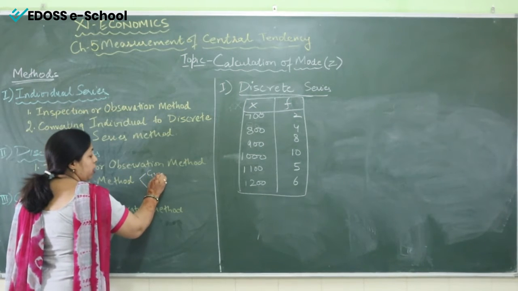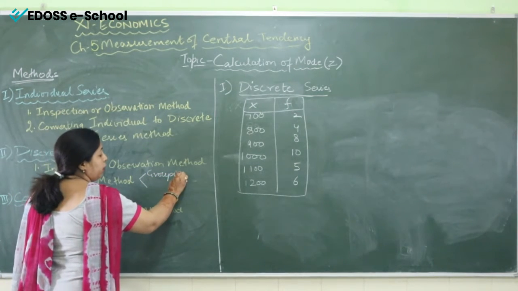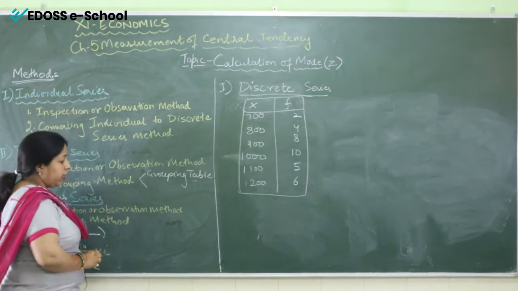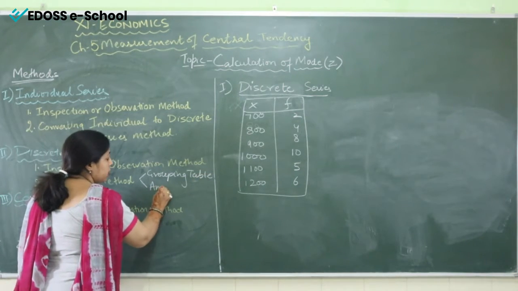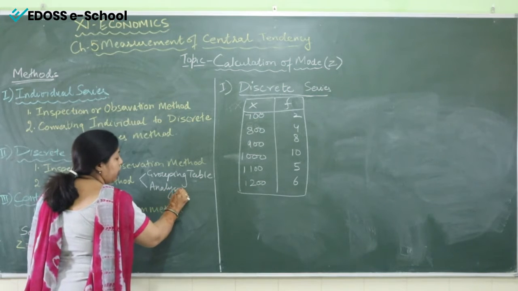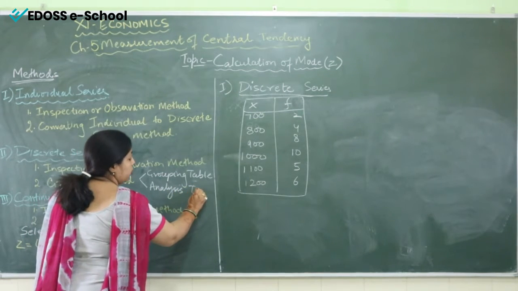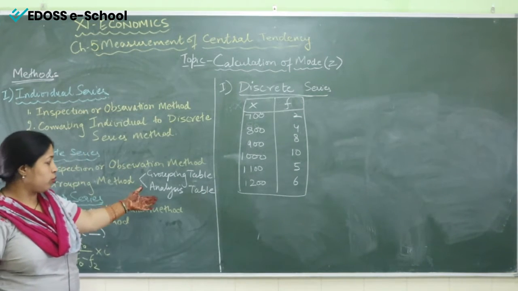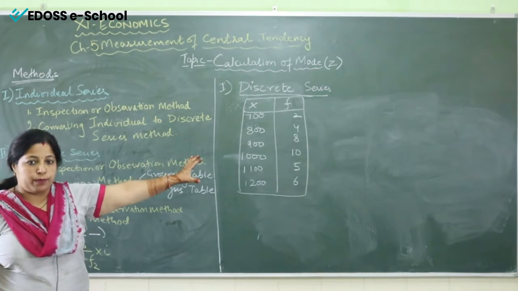First table is the grouping table, and the second table is the analysis or analytical table. We can call it analysis also, we can call it analytical table also. The two tables we frame out. Okay?